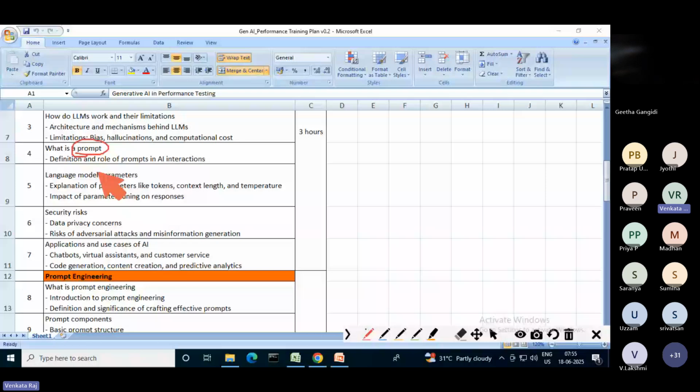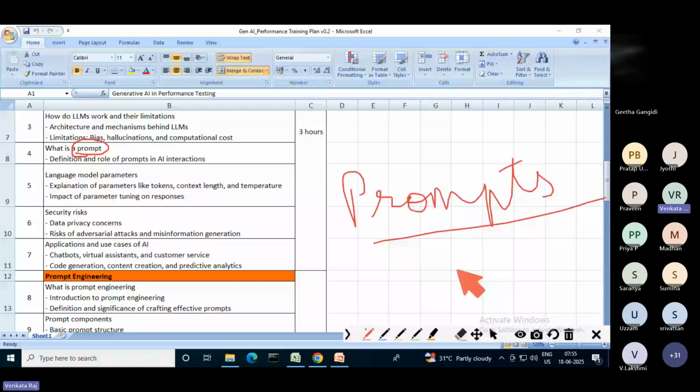That is why we need to know how to write prompts. Understood? We need to know how to write prompts, and that is what we are going to learn as part of prompt engineering, all of you.